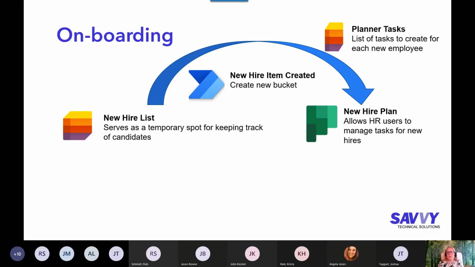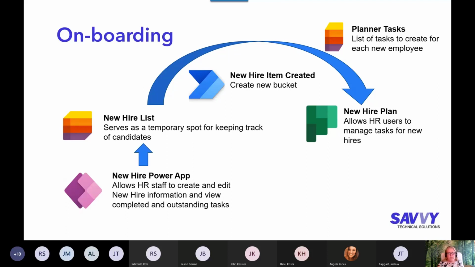So the SharePoint list kept track of the template. What would happen is when a new item is added to the SharePoint new hire list, a workflow kicks off in Power Automate, a flow that will create a new bucket for that person within Planner. And then it will populate it with the tasks from that task list.